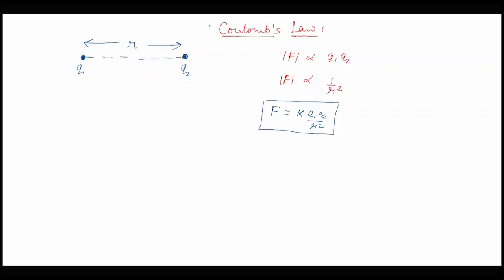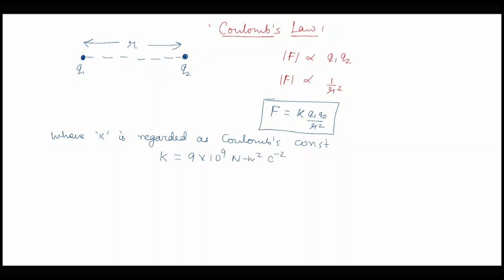Now over here, K is regarded as Coulomb constant. If we calculate the value of K from here, we write K as 9 into 10 to the power 9 Newton meter square Coulomb to the power minus 2.